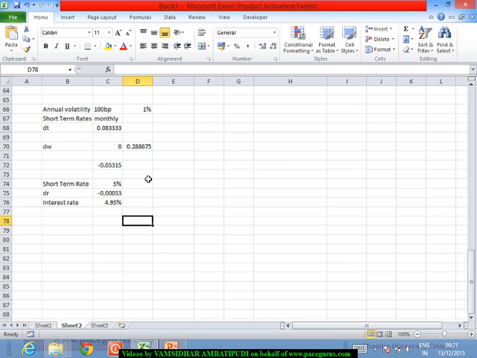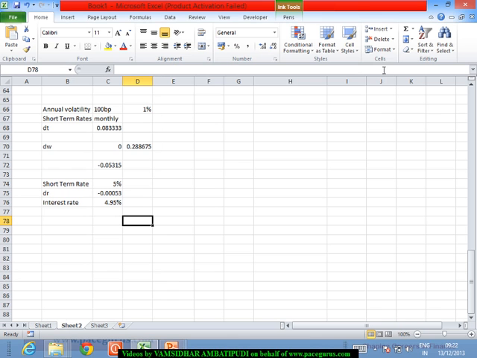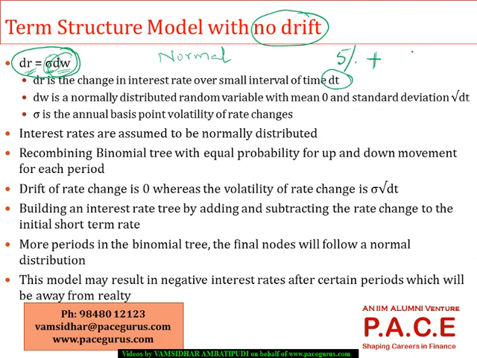What is this no drift? Let's say the interest rate currently is 5%. The next period interest rate is computed as 5% plus sigma times dW.